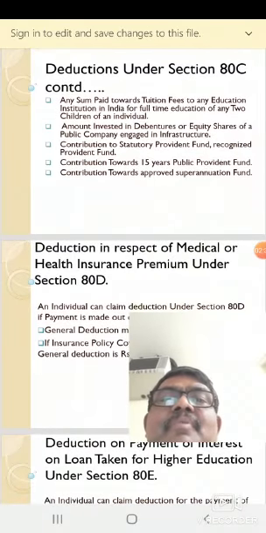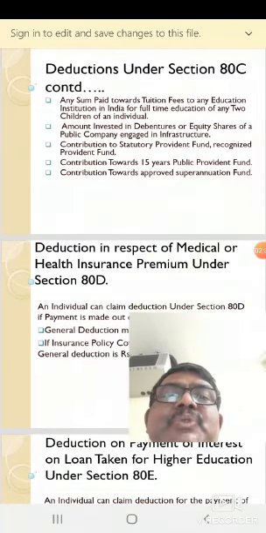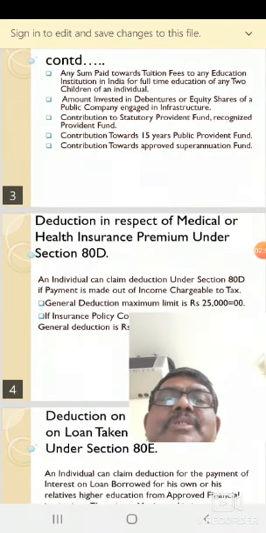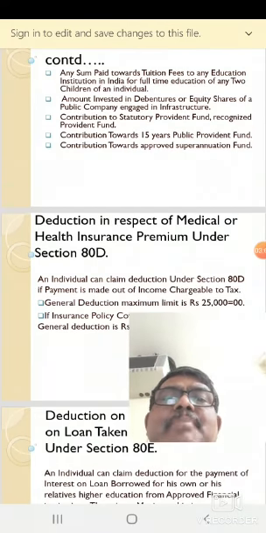Going further, any sum paid towards tuition fees to any education institution in India for full-time education of any 2 children of an individual. That means the tuition fees paid by your parent is eligible for deduction under this section. Next is amount invested in debentures or equity shares of a public company engaged in infrastructure.